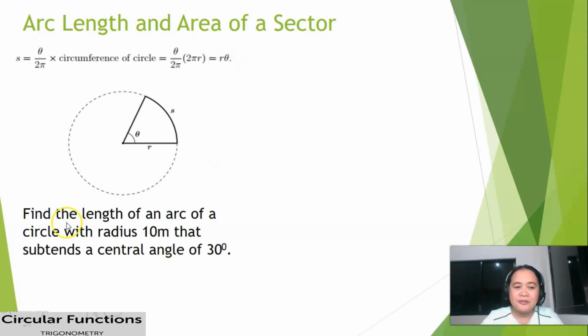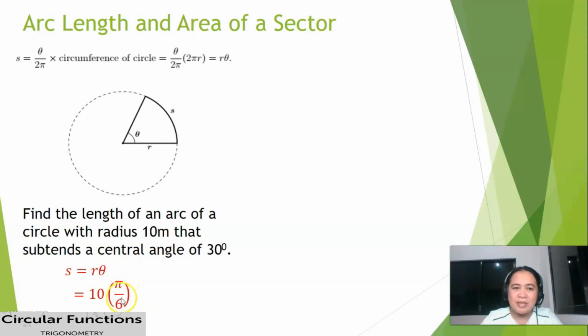Now, example: find the length of an arc of a circle with radius of 10 meters that subtends a central angle of 30 degrees. Take note, our formula here is S is equal to R theta. So let's substitute. We're asked to find S. Our radius is 10 meters and our theta is 30 degrees, so convert this to radians. 30 degrees in radians is pi over 6.